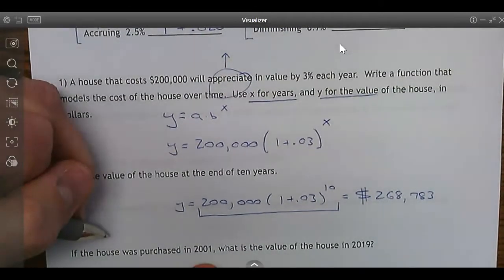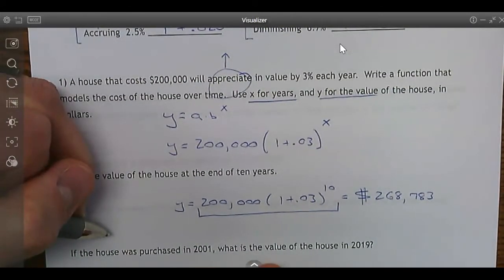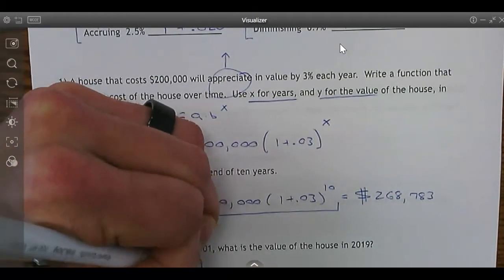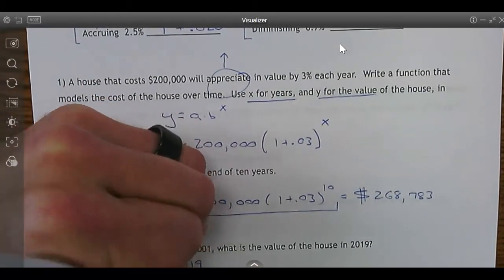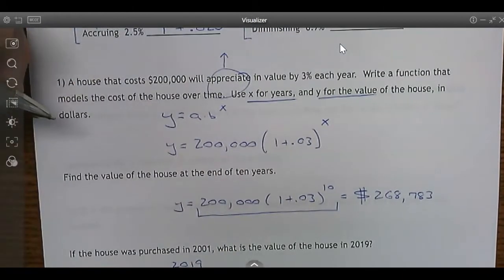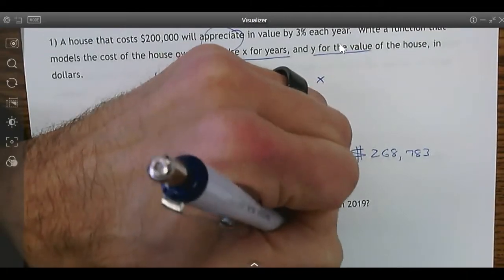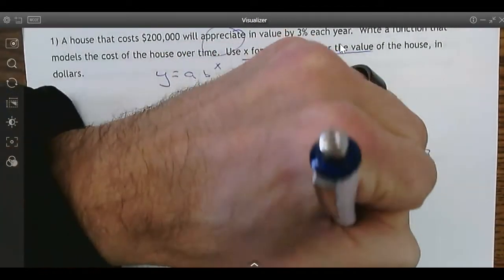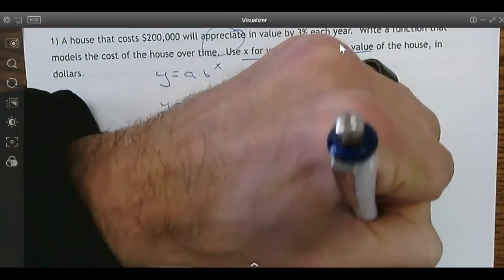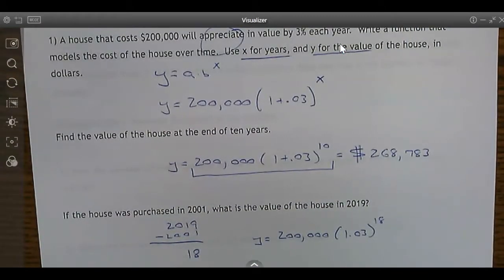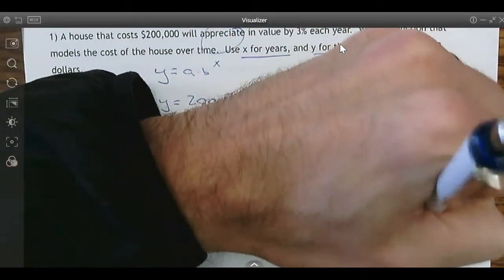If the house was purchased in 2001, what is the value of the house in 2019? So I need to find out how much time has passed between these 2 years. 18 years has passed. So I'm just evaluating my function after 18 years, because it's increased at a rate of 3% per year for 18 years.